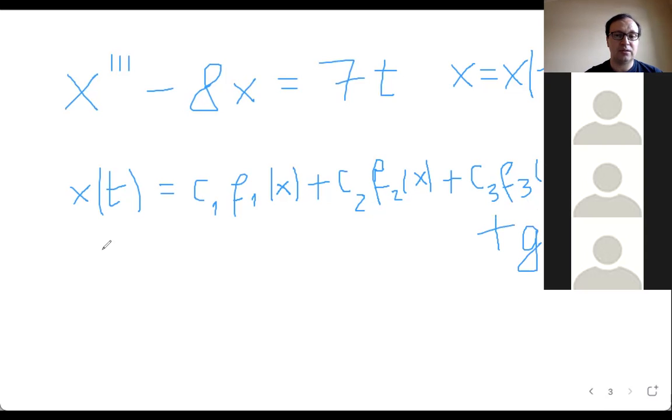In this case, f1, f2, f3 are going to be somewhat more complicated, but g is equal to minus 7t over 8.